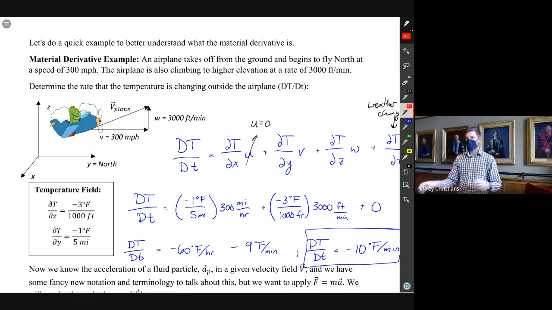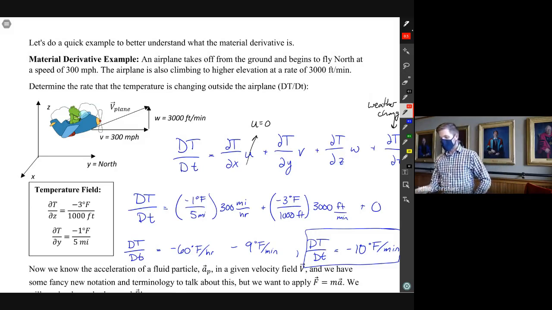The velocity you experience changes whether you're at location A, B, or C, just like the temperature around you changes whether you're in this room, out in the hall, or outside. So the temperature you experience at a given moment depends on where you are.